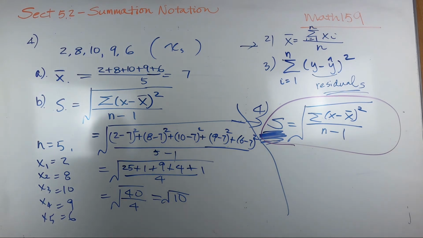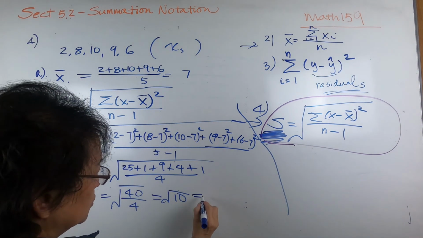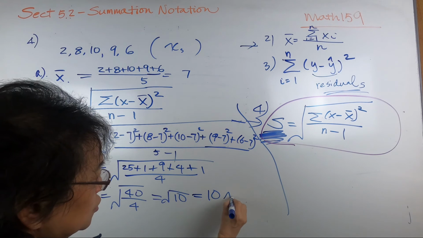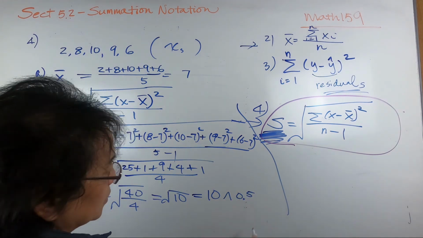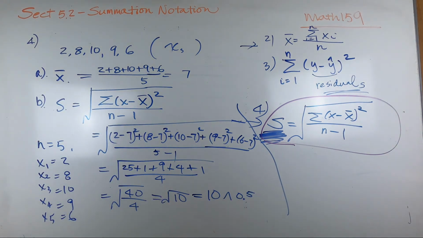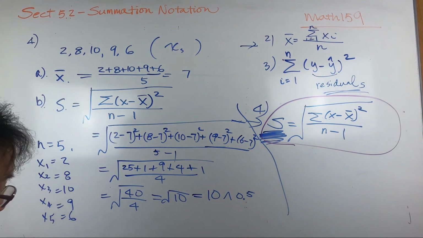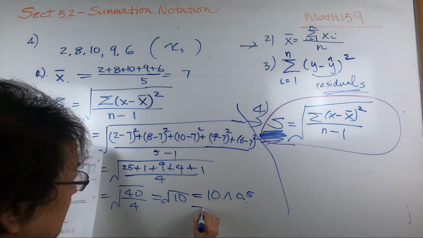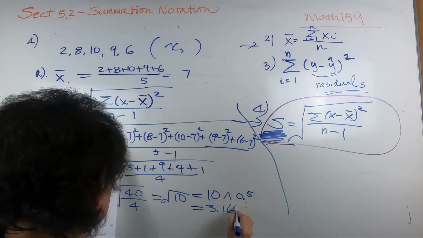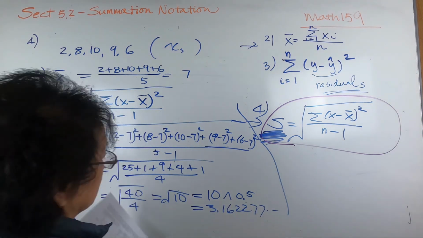Then to do it in the calculator, what do we do? For square root, you use the power of 0.5, or you use the square root symbol. If you use the exponent, the power symbol, you use 0.5. So you get 3.1622777 something, right?